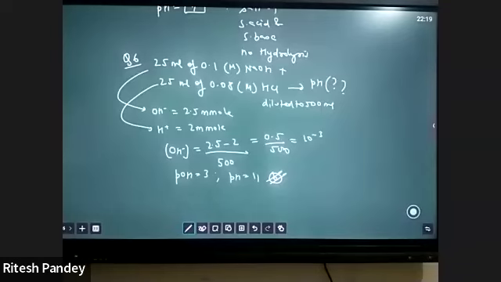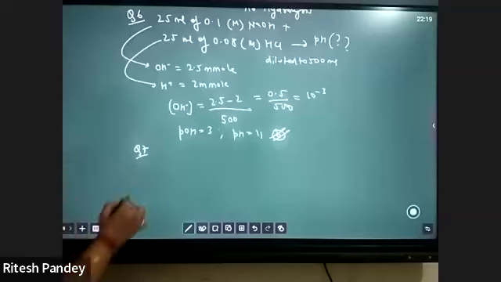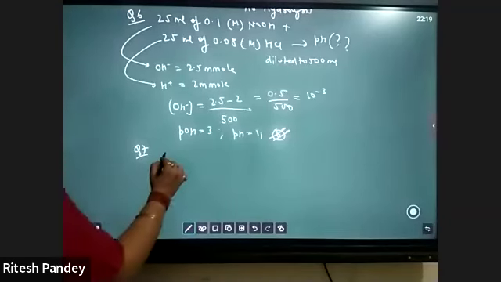Question 7. How much water must be added to 300 ml of 0.2 molar acetic acid for alpha to become twice of the initial value? Post-dilution, we move to question 7. You have initially 300 ml of 0.2 molar acetic acid.